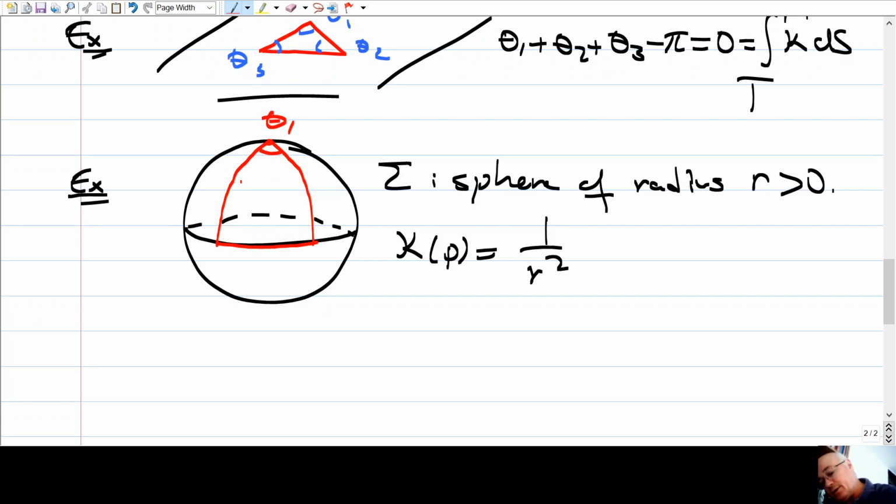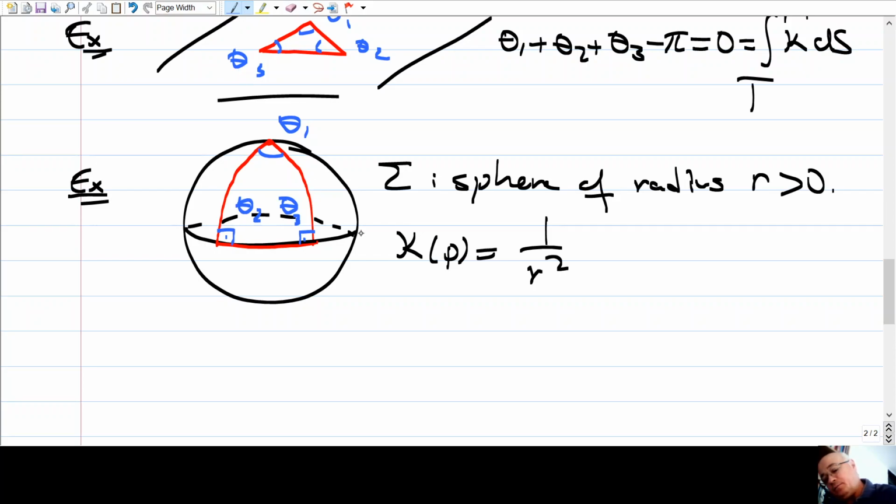So theta 1 is this angle, then theta 2, and theta 3. Actually, theta 2 and theta 3 are 90 degrees.